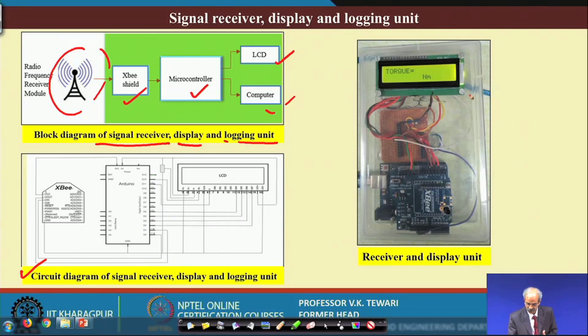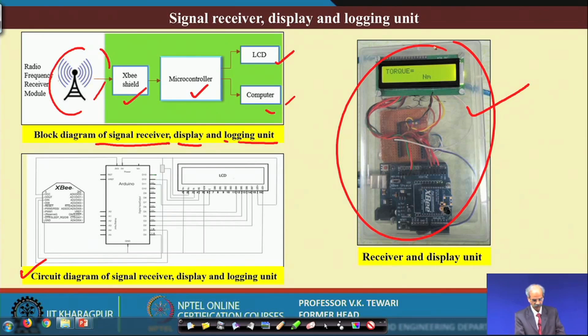This is the receiving unit, the actual unit shown over here. These are the details of the block diagram and the circuit diagram, and here is the actual unit. So, this unit is then connected, and once it is tested you can see what the result is and what we get out of this.